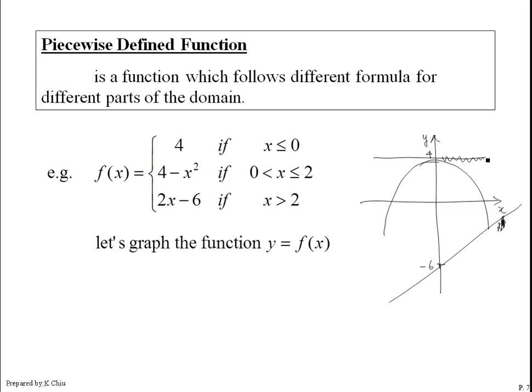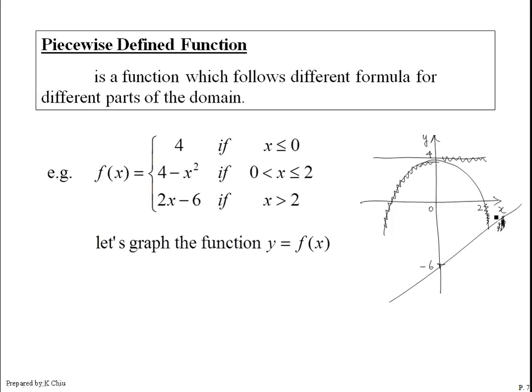The next one, the parabola. When do we need that? When x is between 0 and 2. So that piece, I don't want it. And 0 to 2, so this would be 0 to 2. And this piece, I don't want that.